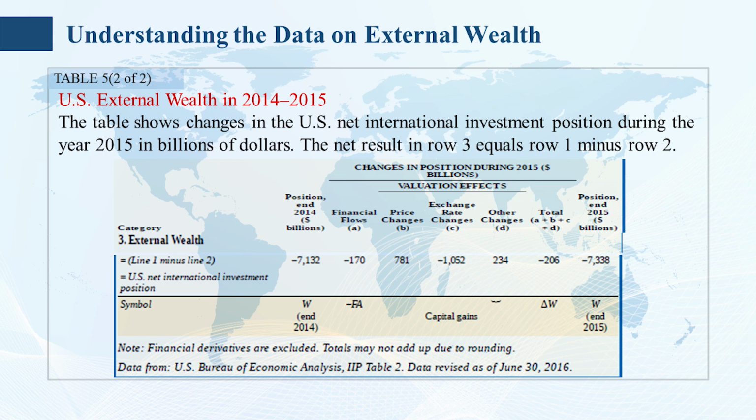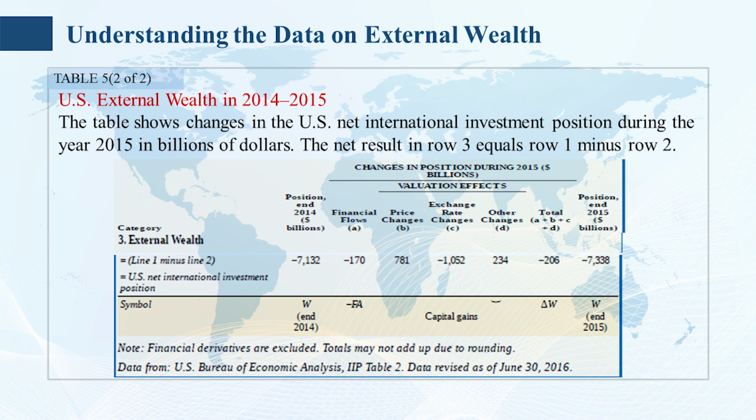Table 1, line 3, column A shows that in 2015, the United States on net imported $170 billion in assets. The minus sign denotes a net import: asset exports of $395 billion on line 2, minus asset imports of $225 billion on line 1. On their own, these financial flows would have changed U.S. external wealth by minus $170 billion in just 1 year.